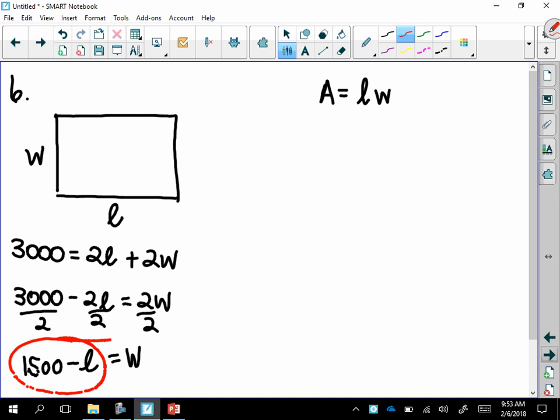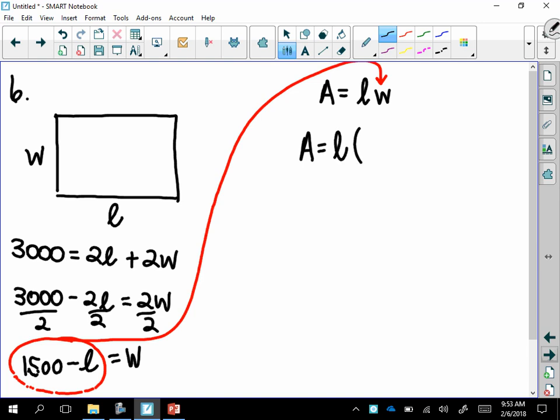I take this expression for the W and plug it in over here into my area formula. So in place of W, I'm going to put 1500 minus L. And I'll distribute the L in. I have the area is equal to negative L squared plus 1500L.